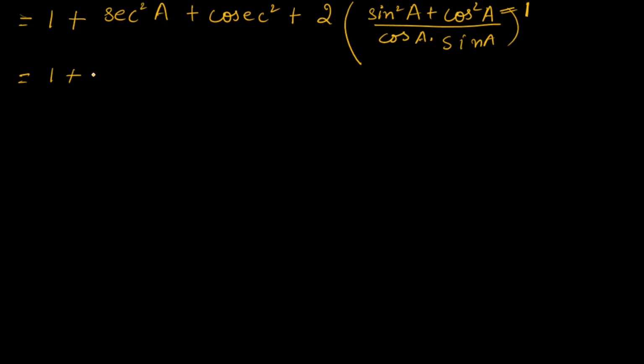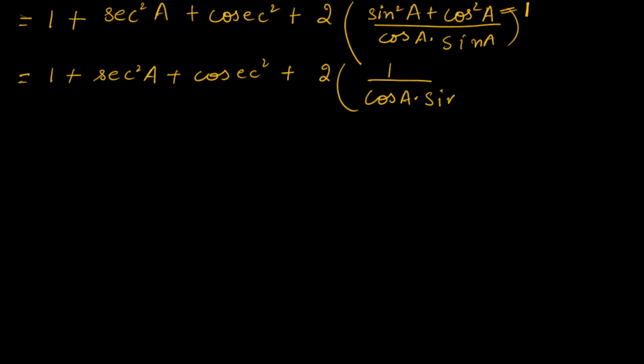So 1 plus secant square A plus cosecant square A plus 2 into 1, because sine square A plus cos square A, if we use the square relation, is 1. So we can write 1 by cos A into sine A. Yes, after this the reciprocal relation, very good, as suggested by Tarun.